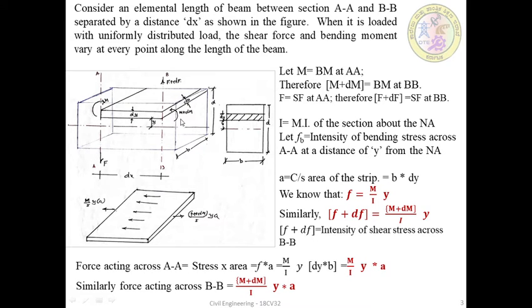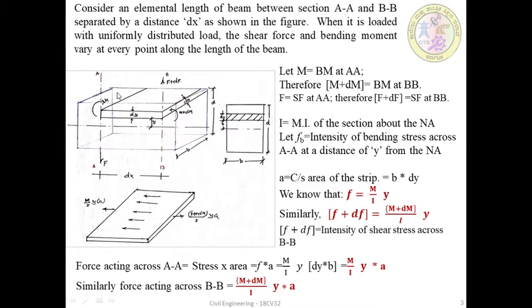When it is loaded with uniformly distributed load, the shear force and the bending moment vary at every point along the length of the beam. As you know from the chapter on shear force and bending moment, when the beam is subjected to the loading condition, the cross section of the beam all along the length will develop both shear force as well as bending moment. Both are unbalanced.